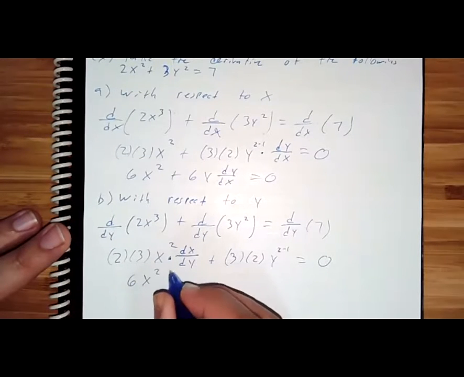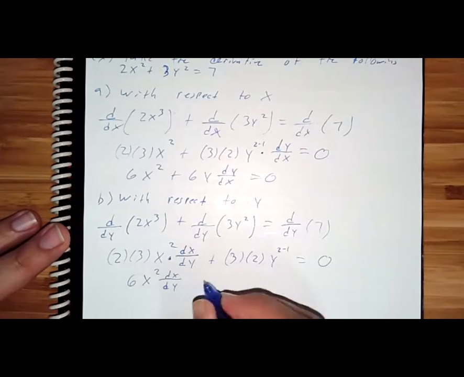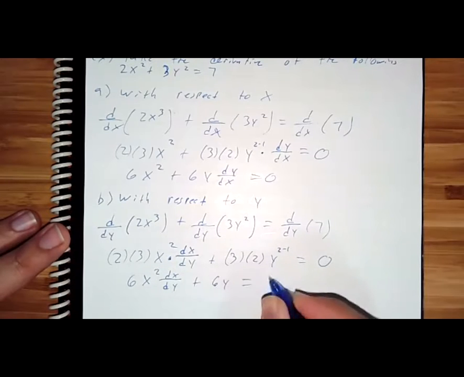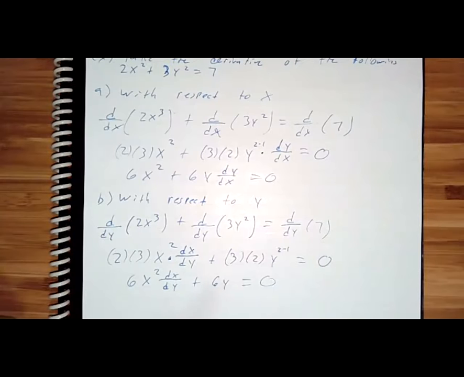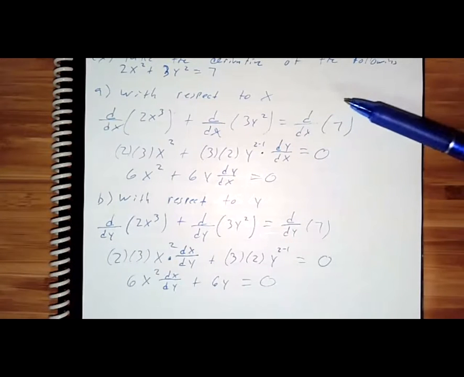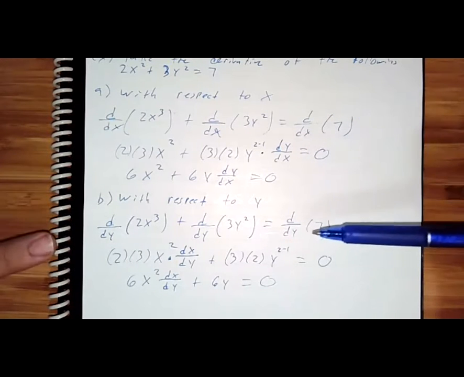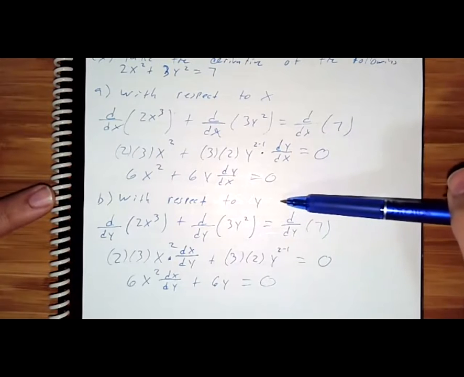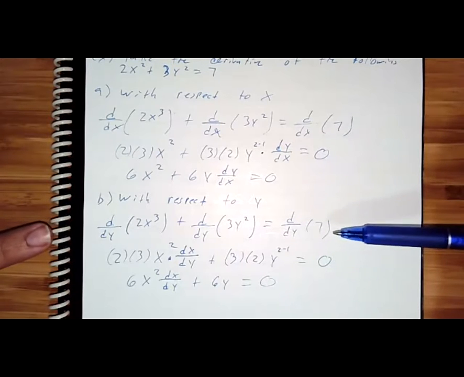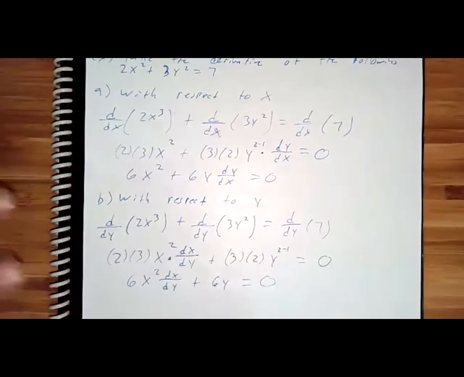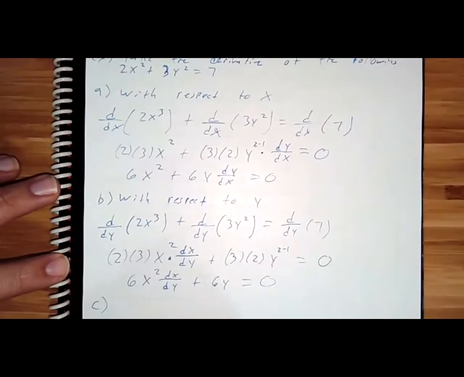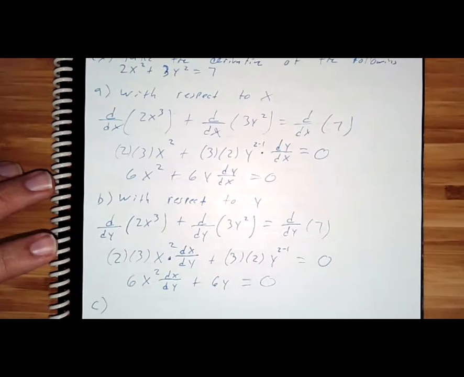So you get x squared dx dy plus 6y equal to 0. And yeah, technically we should be solving for dy dx, but right now we're just trying to refresh ourselves on how to do it implicitly. And now I'm throwing in, what if I do it with a different variable? Does part B make sense? Yes, sir. Okay. Let me know if something is weird.